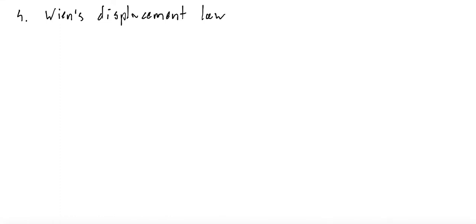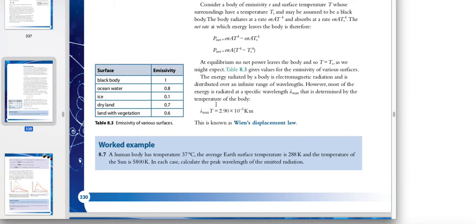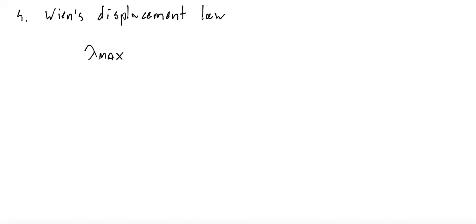Okay, so Wien's displacement law says that this wavelength of maximum intensity, multiplied times temperature in kelvins, is equal to the constant 2.90 times 10 to the power of minus 3. Okay, and this constant has a unit, kelvin times meter.